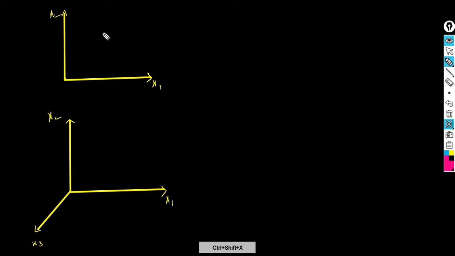This is a point in the 2D space. Let's consider point P, and it is represented with values a1, a2. This is the point with values a1 comma a2.